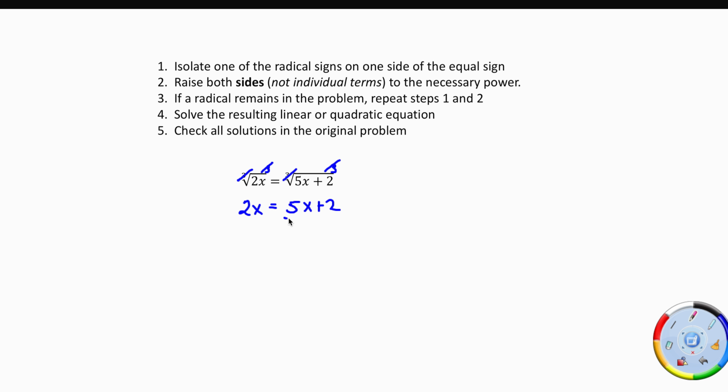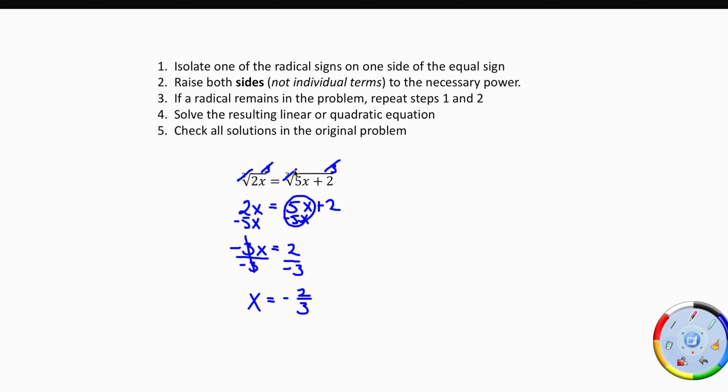A linear equation, an easy linear equation to solve, giving negative 3x equals 0 plus 2, or 2. Divide by negative 3. So x equals negative 2/3.